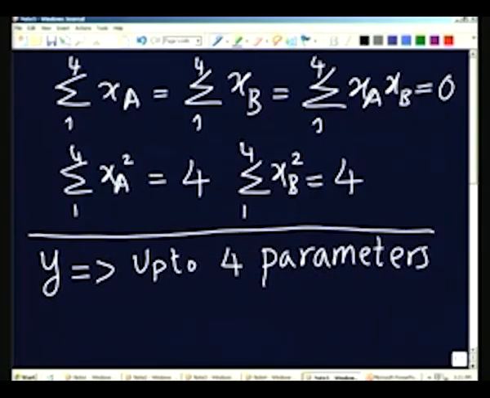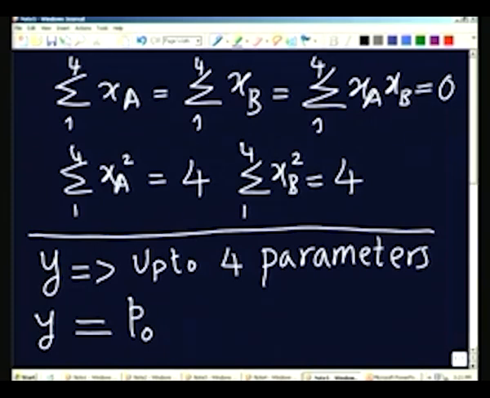I will take the simplest I can think of, which will be a linear relationship. So, I will say y equal to, the first one will of course be a constant, because the value of y can have a value independent of these parameters.